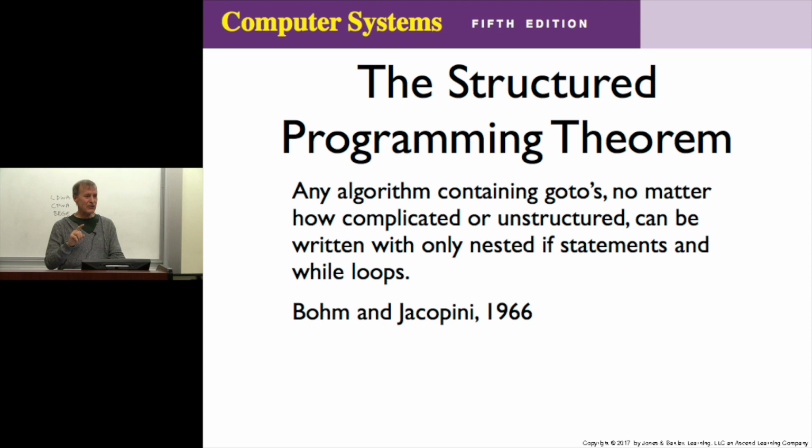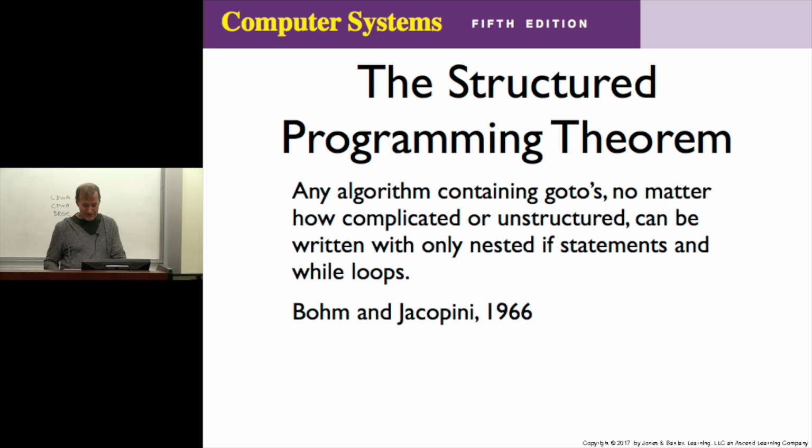But now here's another important thing about the history of computer science. They proved it was possible, but then there was a guy, his name was Dijkstra. We've mentioned Dijkstra in several of our courses because he did a lot in a lot of different areas.